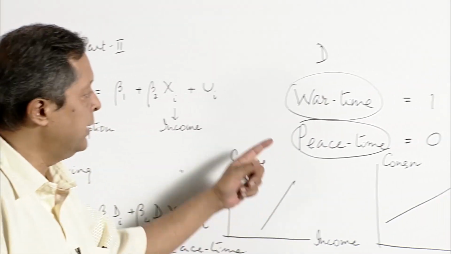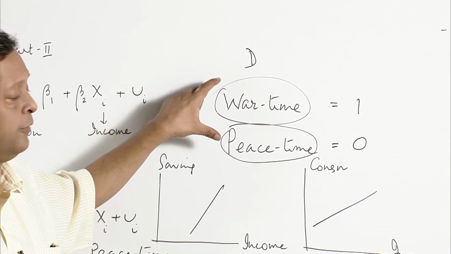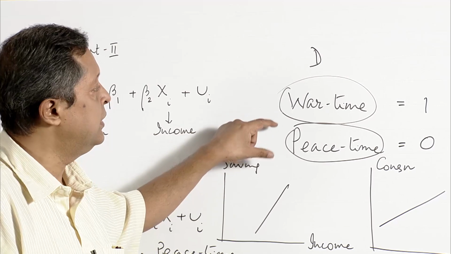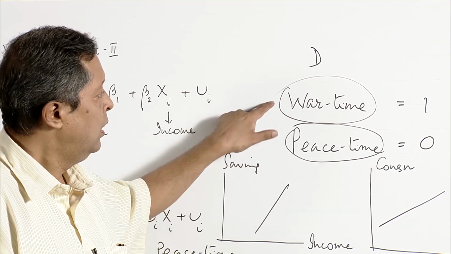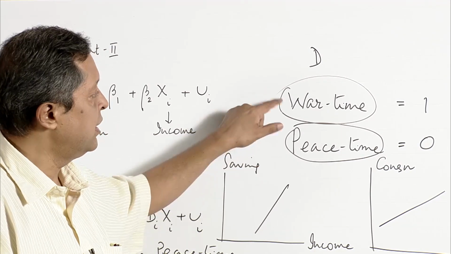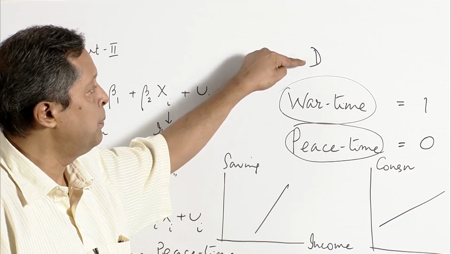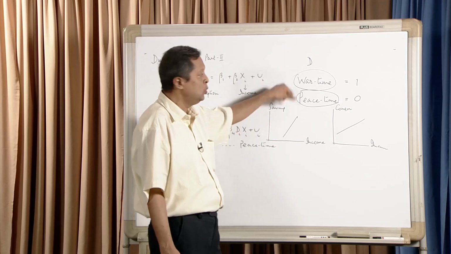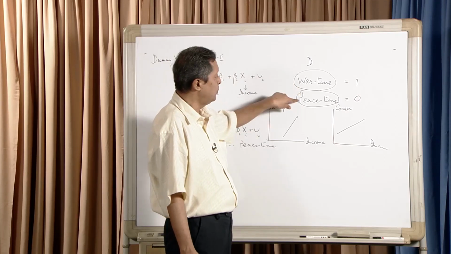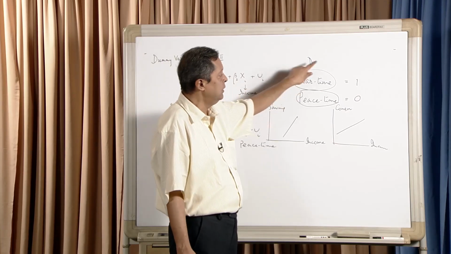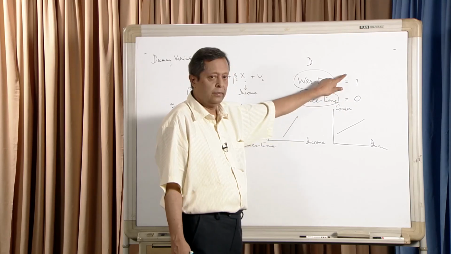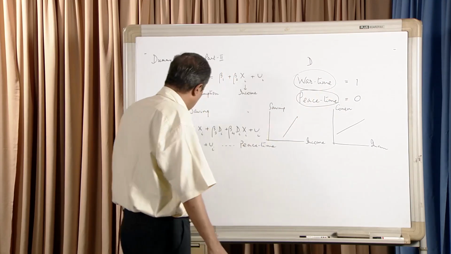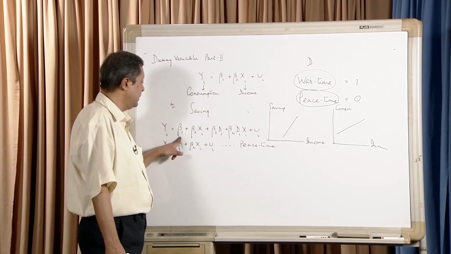Once again you will note that this is a qualitative explanatory variable which gives two outcomes, that is, there are two possibilities. However, we are representing it with one dummy variable. So, we are not writing two dummy variables, one for war, one for peace. We are writing one dummy variable which can take two values 1 or 0, because we have an intercept in the model.